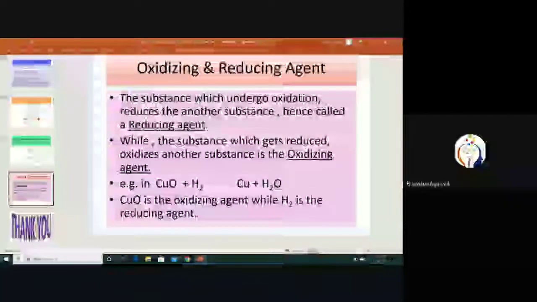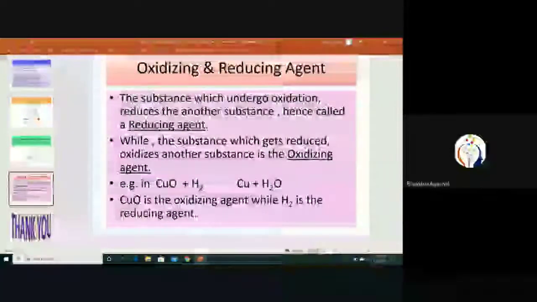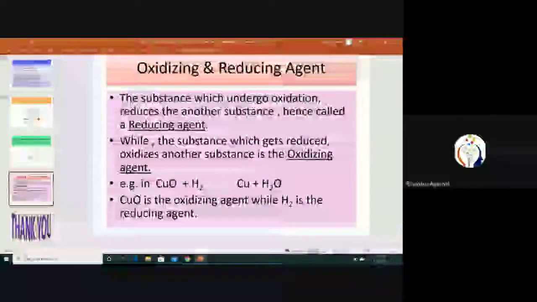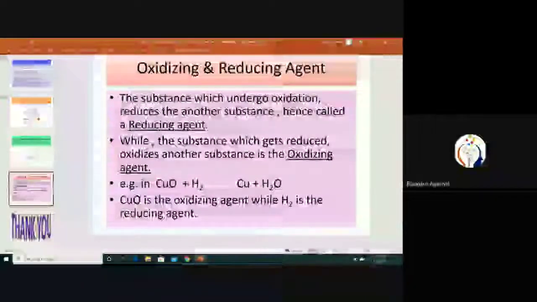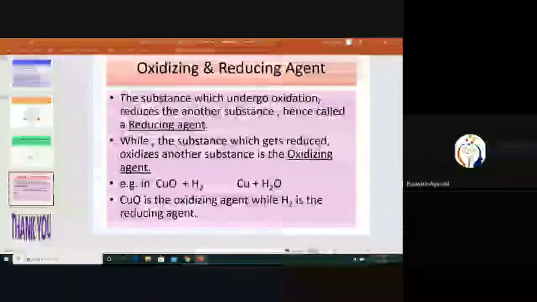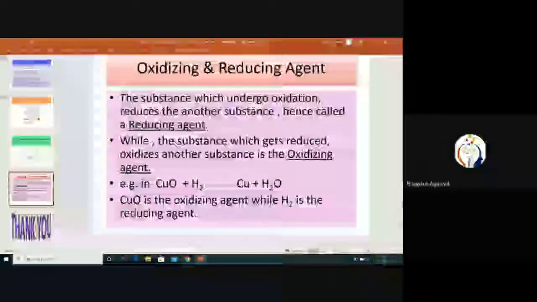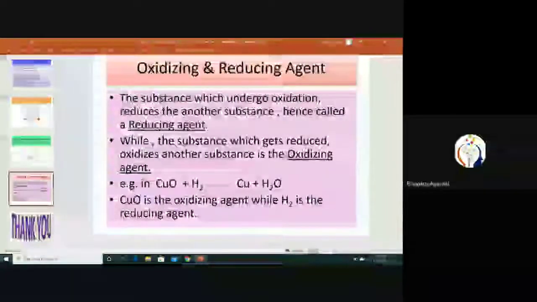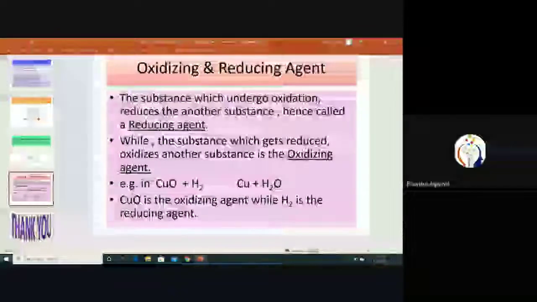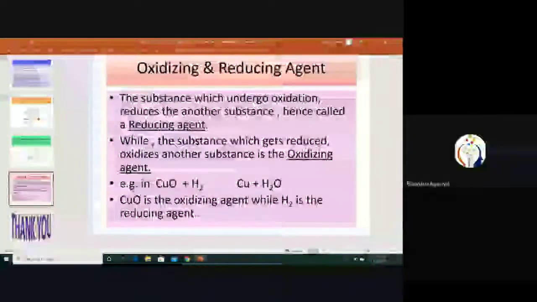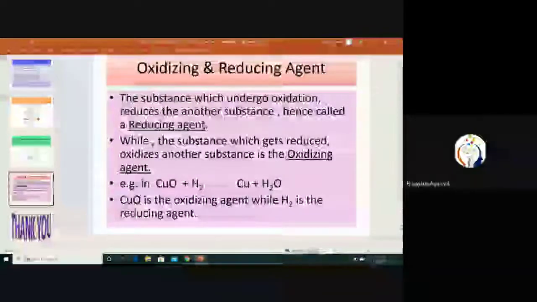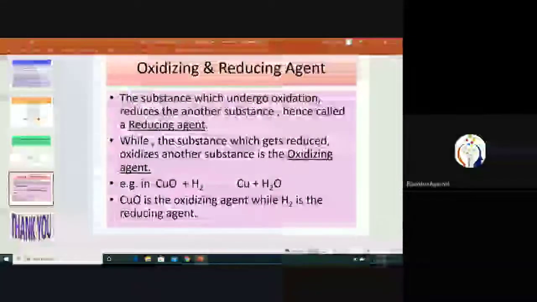For example, in copper oxide plus H2, copper oxide is giving its oxygen to hydrogen. That means it is being reduced. Since it is giving the oxygen, it is behaving as an oxidizing agent for hydrogen. While hydrogen is accepting the oxygen, that's why it is behaving as a reducing agent for copper oxide.